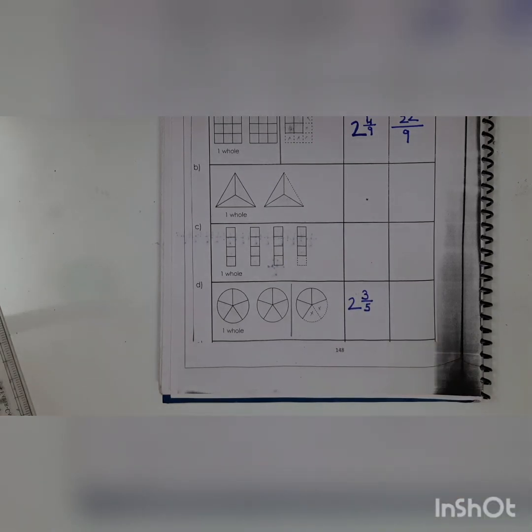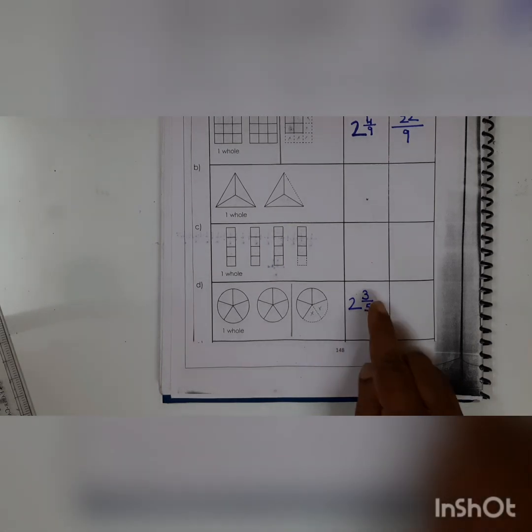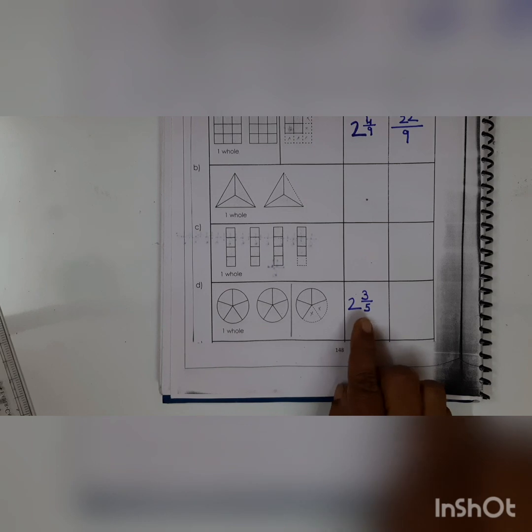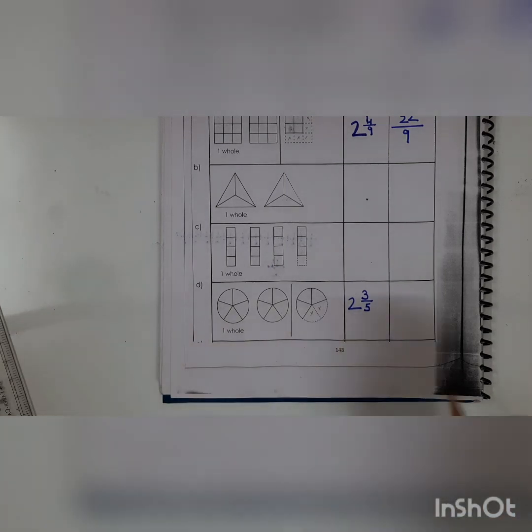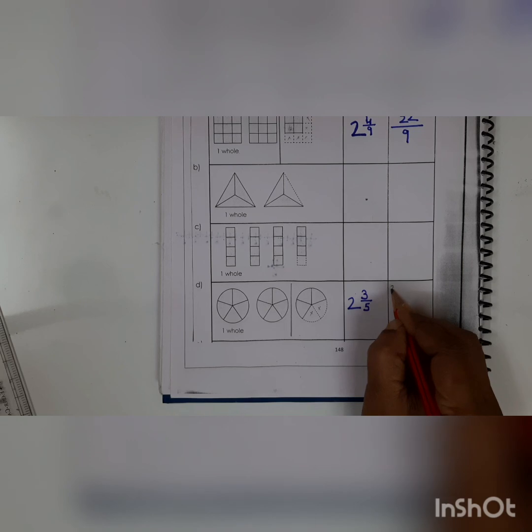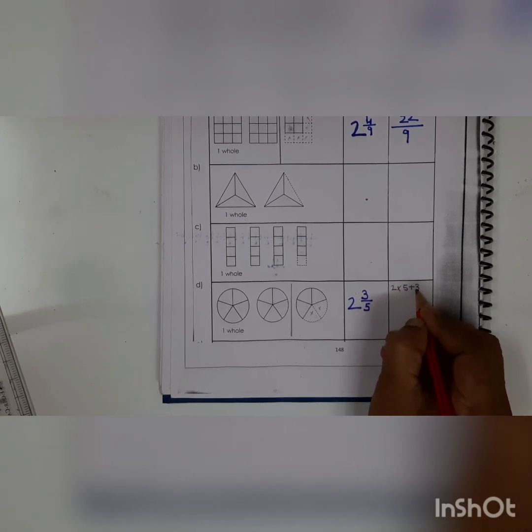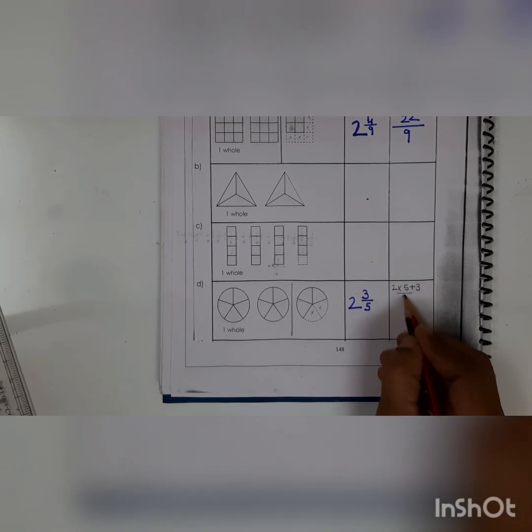Okay, do this mentally, children. Step 1, multiply the whole number part by the denominator. It is multiply the whole number part by the denominator 5. 5 twos are 10. You could even do it over here, children: 2 into 5 plus 3, that will be upon 5 only.